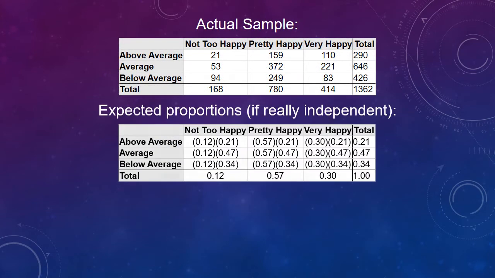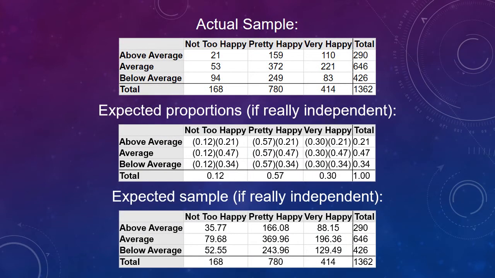Here are the sample frequencies for each cell. If the two variables were independent, then the proportion of people in each cell would be equal to the product of the marginal proportions for the row and the column. First, we calculate the marginal proportions. For example, the marginal proportion of people who are not too happy, ignoring their income, is 12.3%, and the marginal proportion of people who have above average income, ignoring their happiness, is 21.3%.